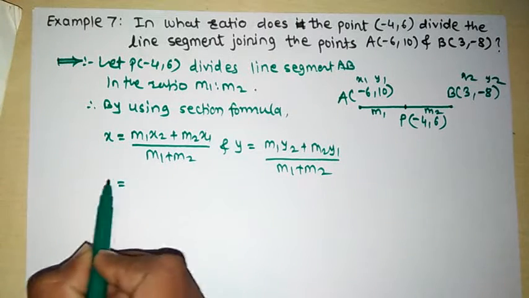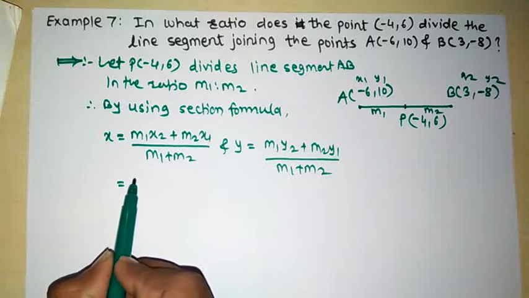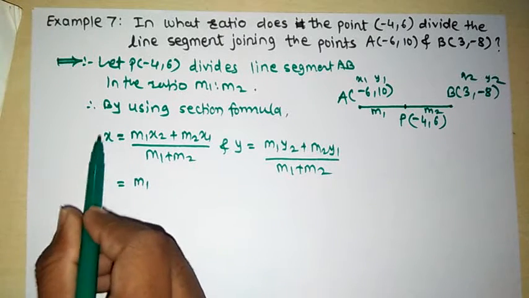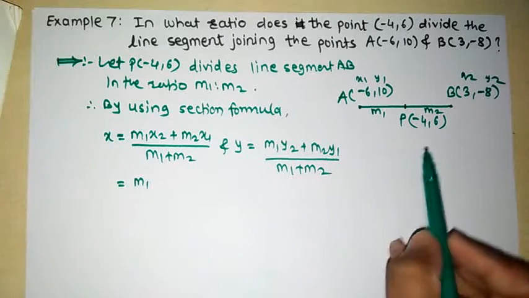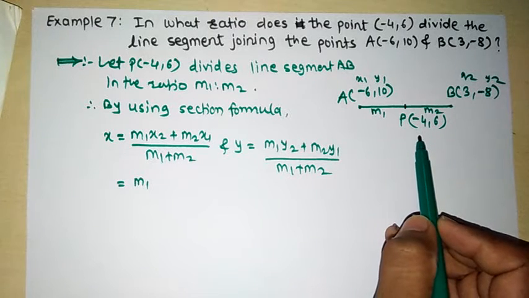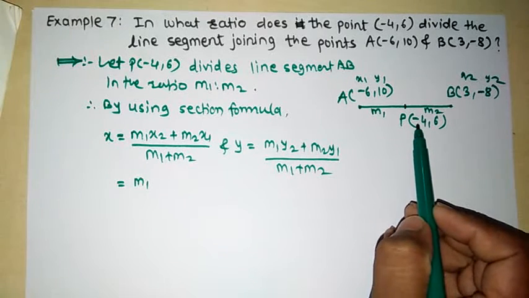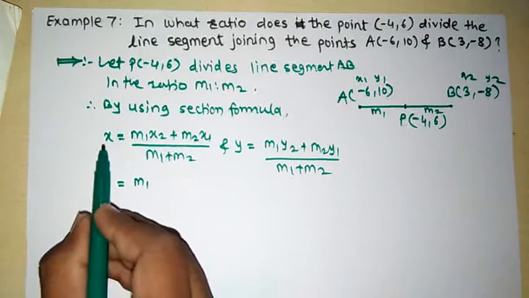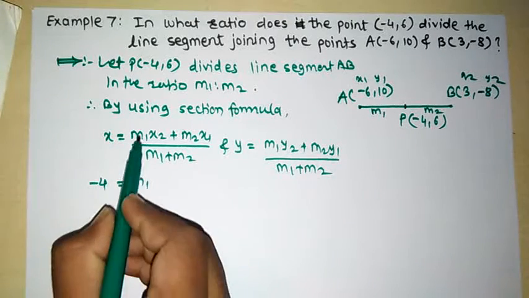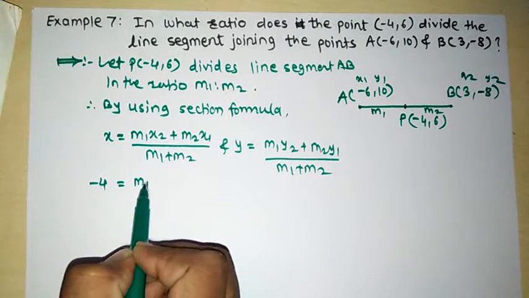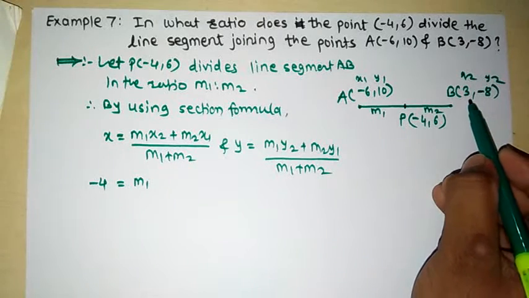What is the value of M1? M1 we have to find here. Therefore put as it is M1 only. And what is the value of this x? X is nothing but the x coordinate of the point P. What is the x coordinate of point P here? Minus 4. X is minus 4 here. M1 we don't know, therefore put as it is M1. X2, what is the value of x2 here? X2 is 3.